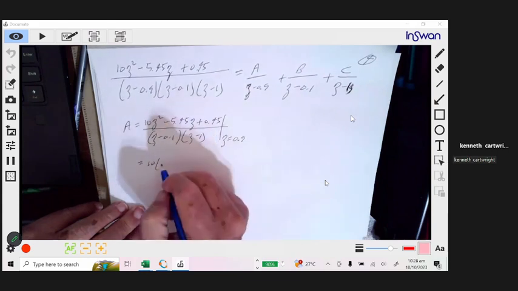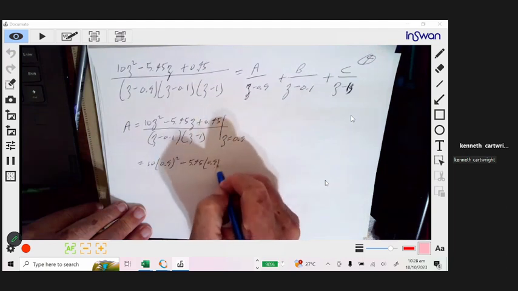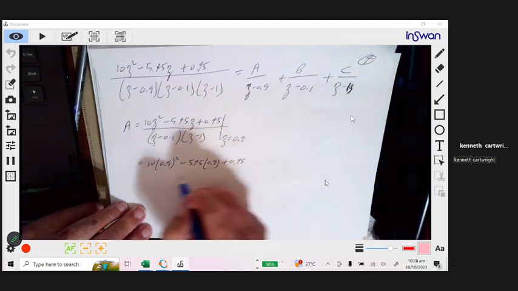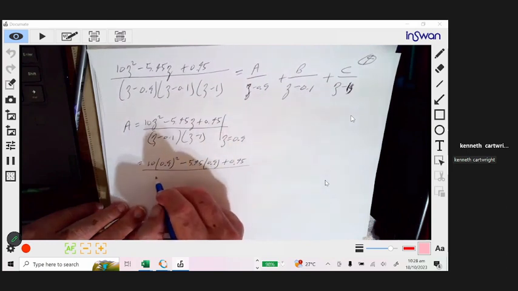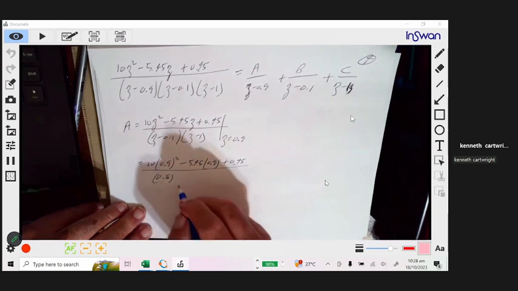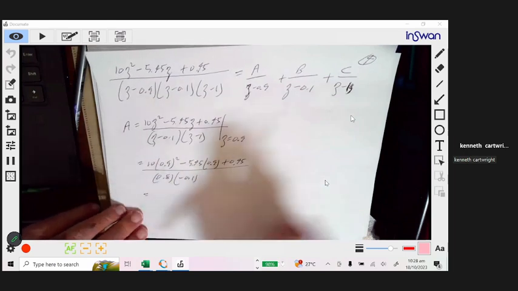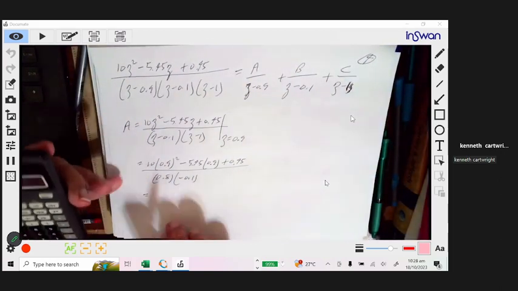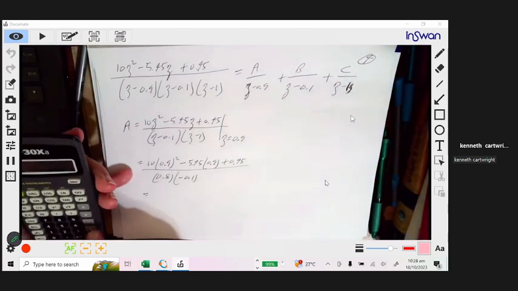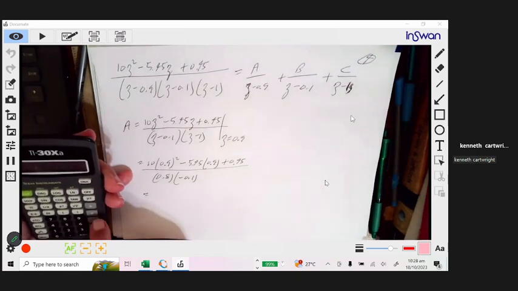So this is 10 times 0.9 squared minus 5.45 times 0.9 plus 0.45, divided by 0.8 times negative 0.1. Isn't that right? And the top becomes 0.9 squared times 10 minus 5.45 times 0.9 plus 0.45.